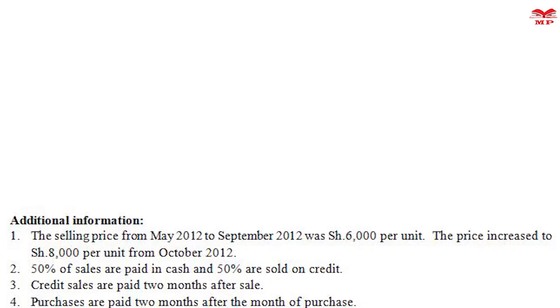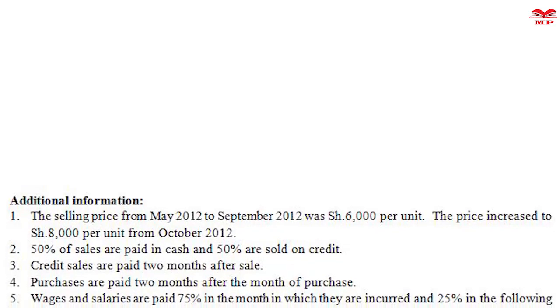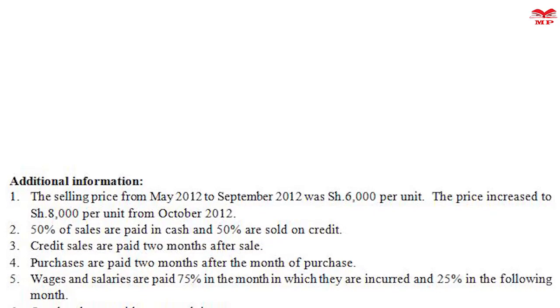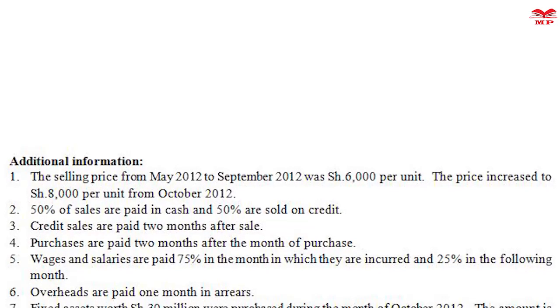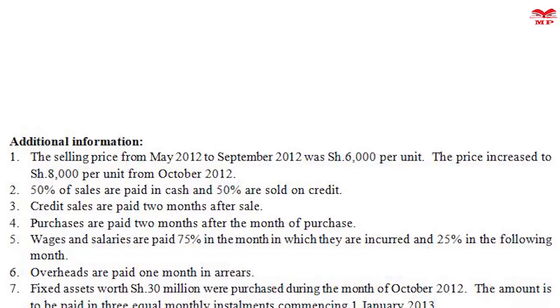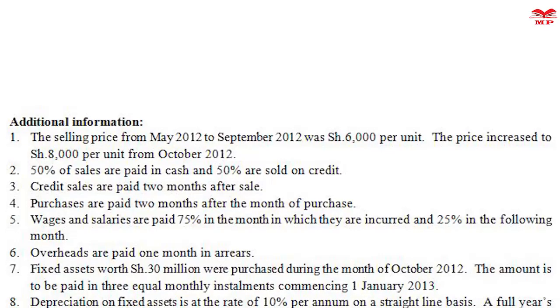Number 4, purchases are paid 2 months after the month of purchase. Number 5, wages and salaries are paid 75% in the month in which they are incurred and 25% in the following month. 6, overheads are paid 1 month in arrears.